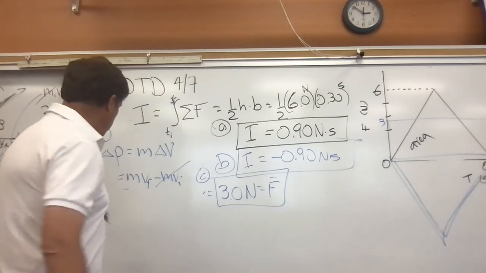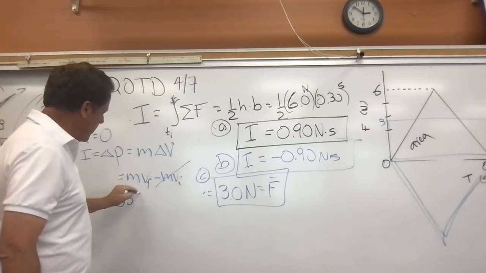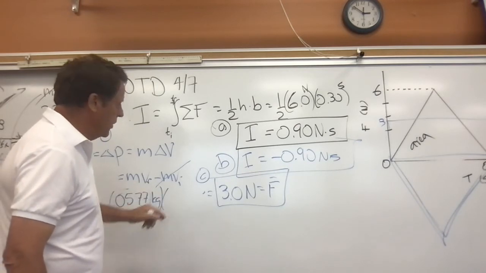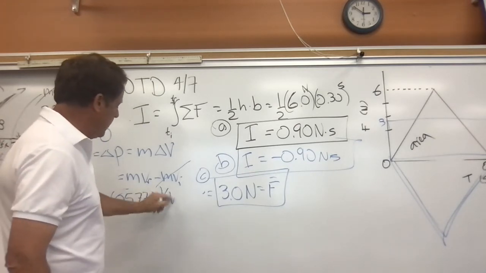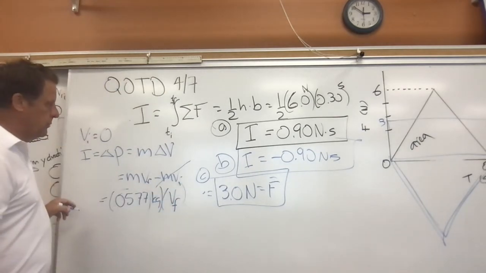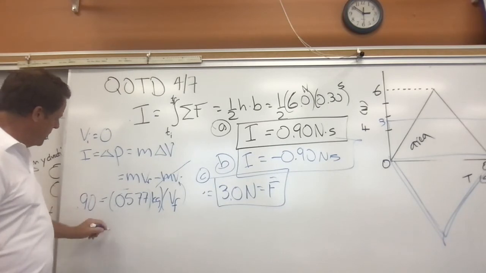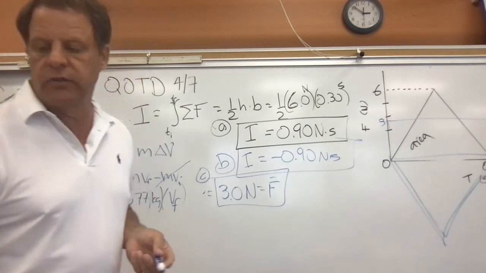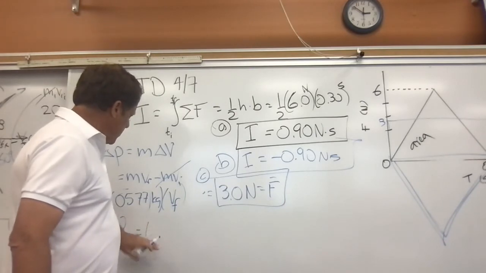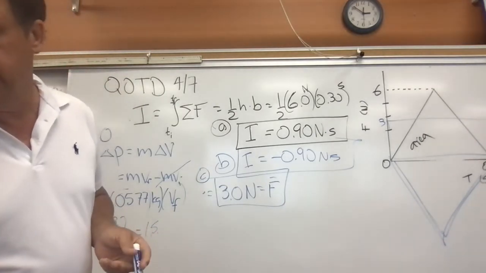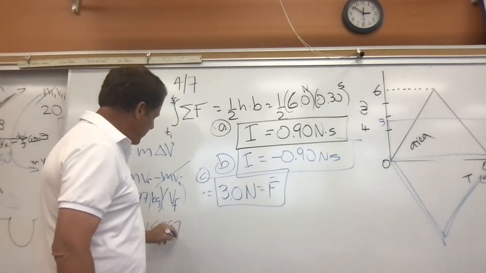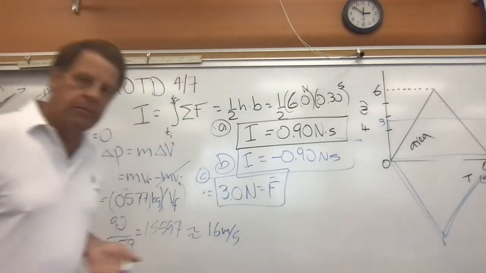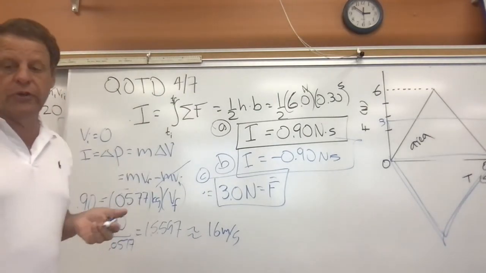And since our initial velocity would be 0, we're going to take 0.0577 kilograms and multiply it by v final, which we don't know, but we know that's equal to our impulse, which is 0.90. 0.90 divided by 0.0577 is going to give us 15.597, which for two significant digits would round up to 16 meters per second, which is about 36 miles per hour.